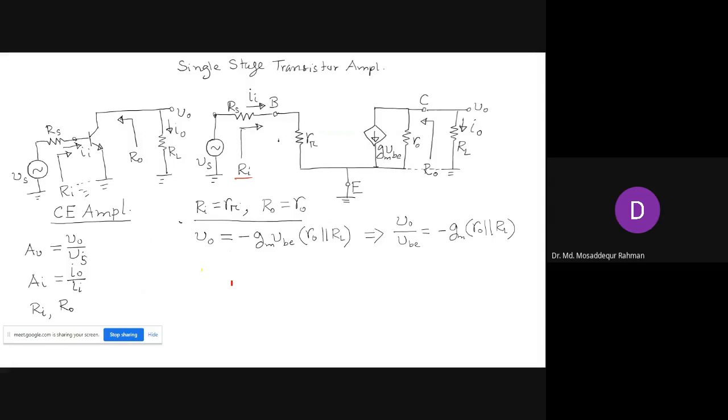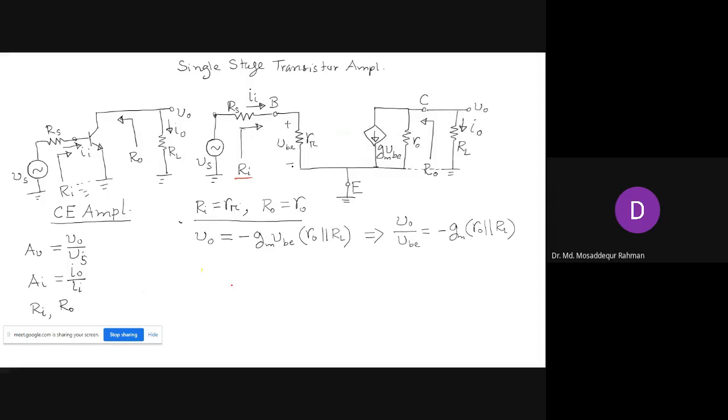Okay, so our voltage VBE is the voltage across this R pi resistance. So that is our base and this is our emitter. So this is our voltage VBE. And we have determined this gain expression, V naught by VB. V naught is the output voltage, and VB is the voltage actually at the base point.